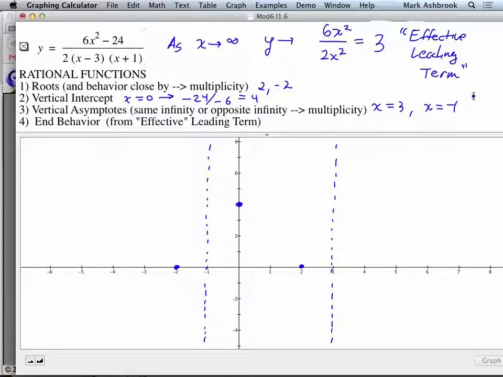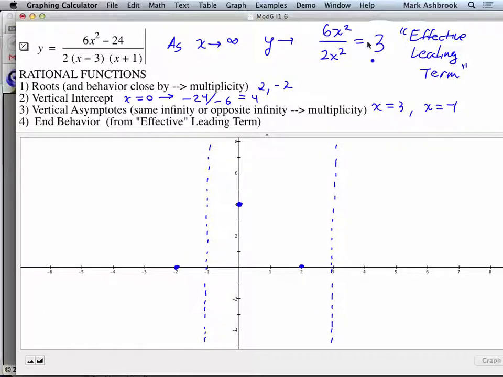So now we have this kind of new situation. Remember, with polynomials, it either went up to positive infinity or down to negative infinity at the ends. Well, now it's possible that it just levels out at a certain value. That's what's happening here. The y value is going to level out at 3 for large values of x, and at 3 for large negative values of x, because that's what our effective leading term is.